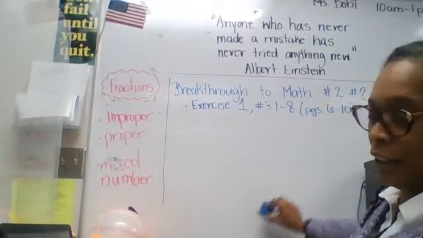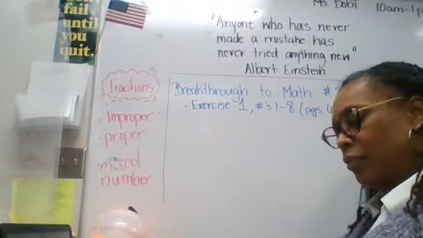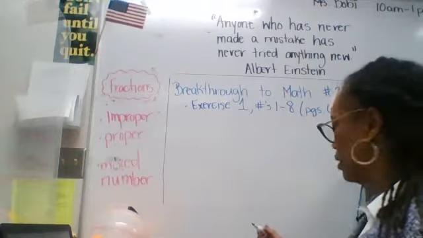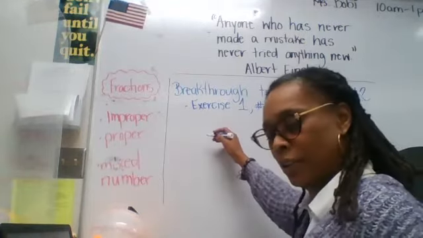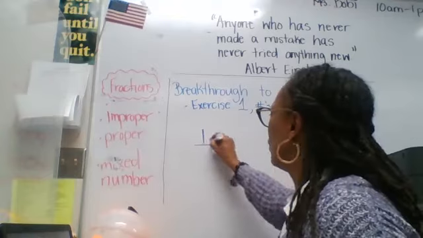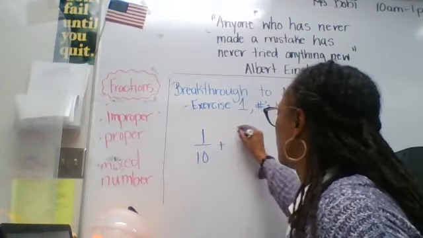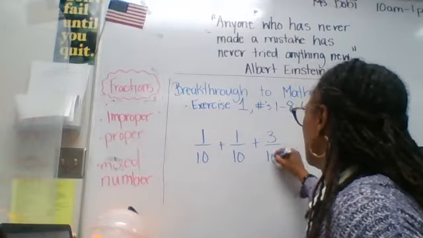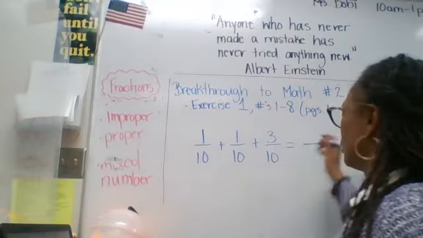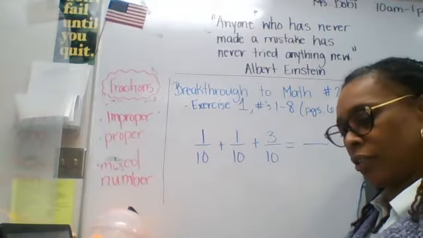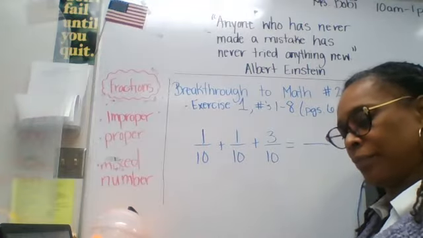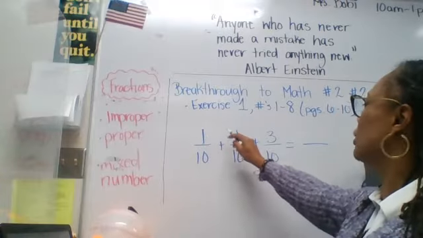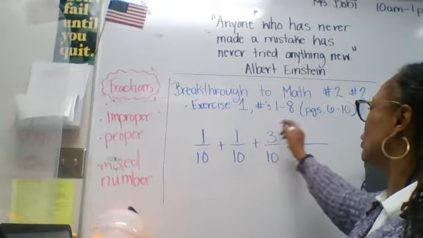All right, so now we have another one. 1 over 10 plus 1 over 10 plus 3 over 10 equals. We see that the denominator is the same, but we need to add the numerators first, right? 1 plus 1 is 2 plus 3 is 5.